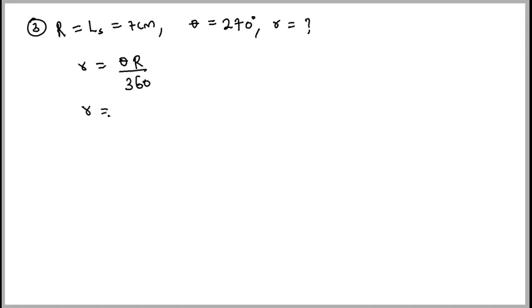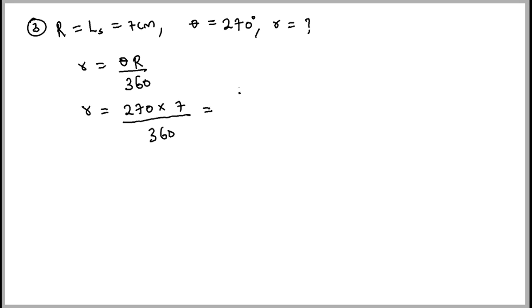So r is now equal to theta, 270, times capital R, that is the sector radius, 7, all over 360.